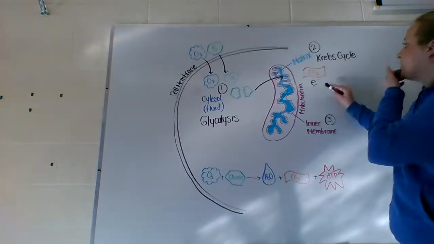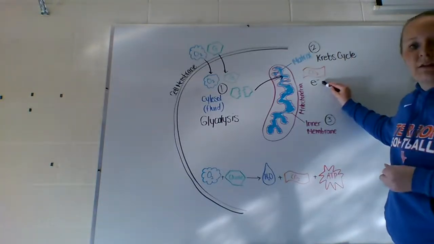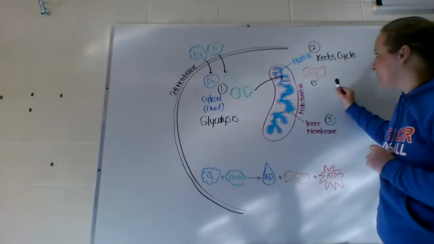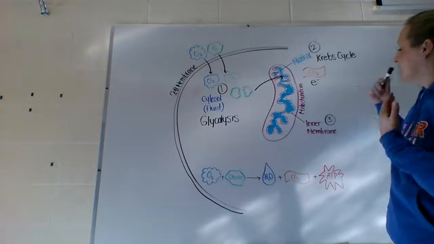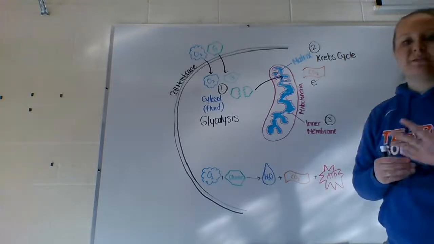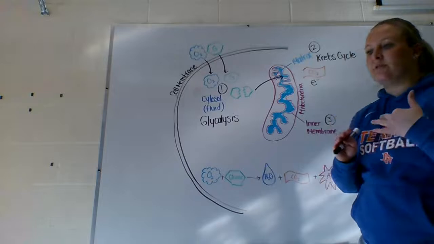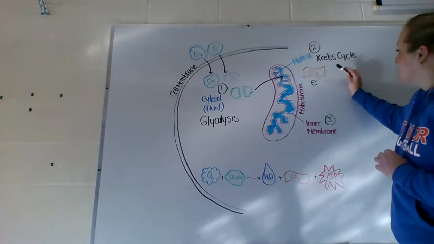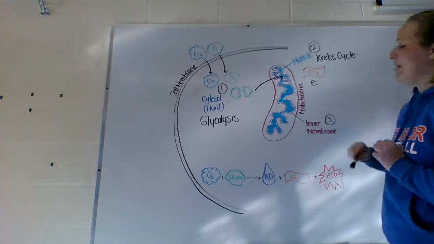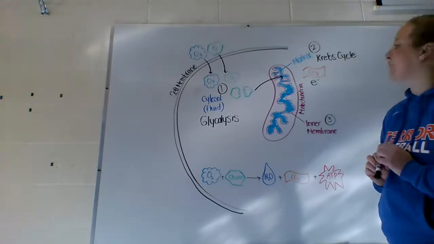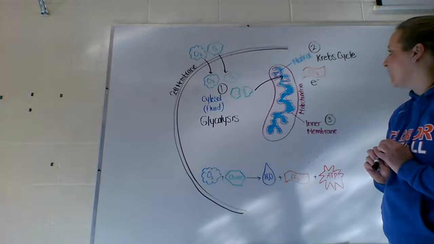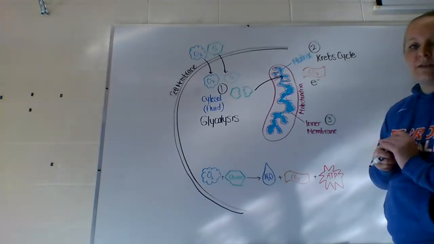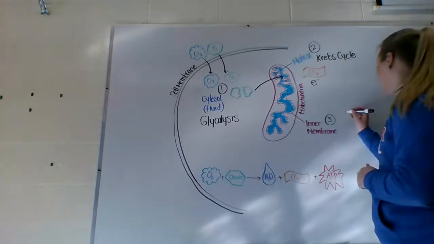I'm just going to write electrons with a little e with a negative sign, because electrons have a negative charge on them. You learned that in chemistry. So step 2, the Krebs cycle, has way more steps in it. It goes through a series of chemical reactions, but carbon dioxide and electrons are produced in the Krebs cycle.